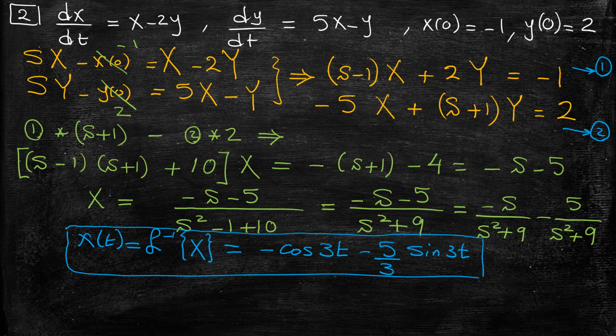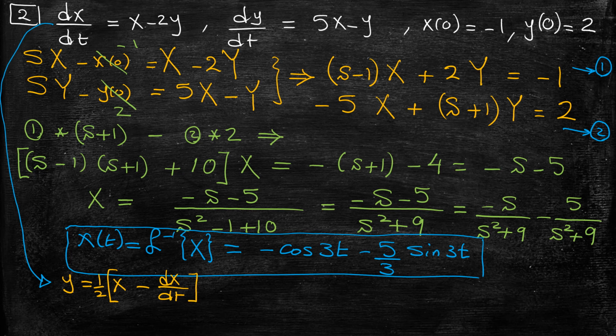Again, you are free to use whatever is easier to get y. So here, let's get y from the first equation, the linear differential equation, changing the method. So I can say y will be equal to x minus dx by dt, and all of these terms divided by 2, multiplied by half.